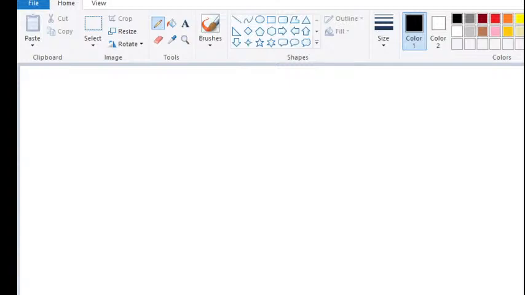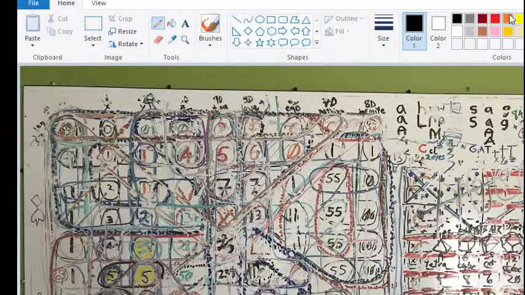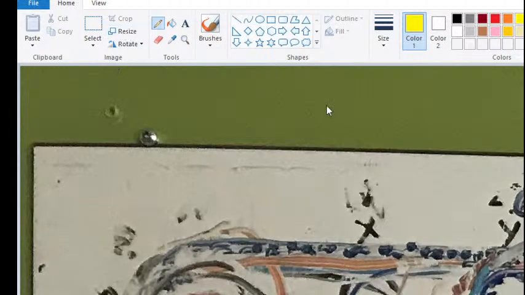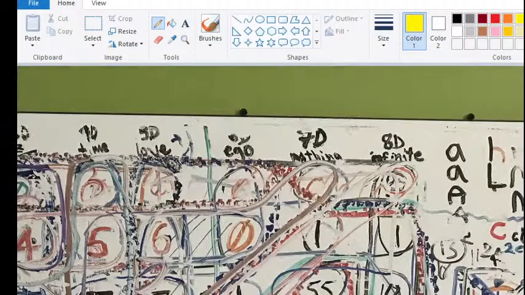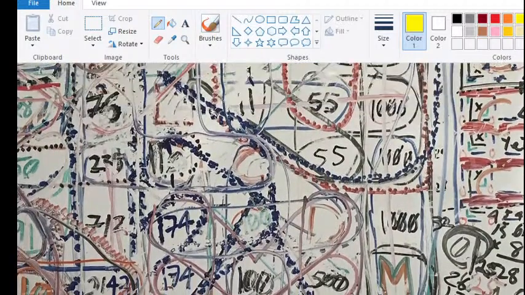Yeah, so back to where we were. So I'm looking down. Okay, hold on. Resize. Let's try this a little bigger. Okay, let's look at the bottom quadrant again.